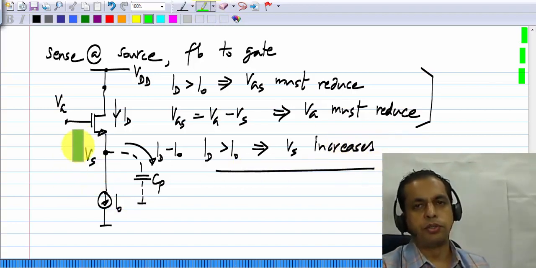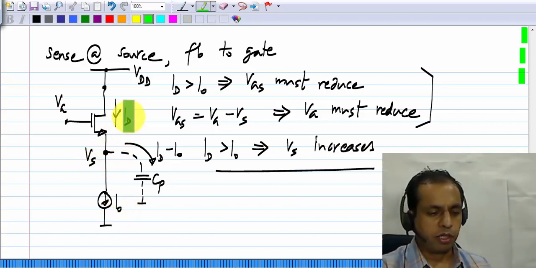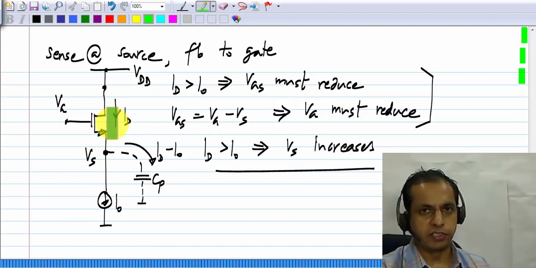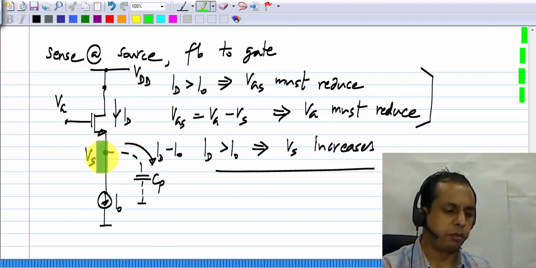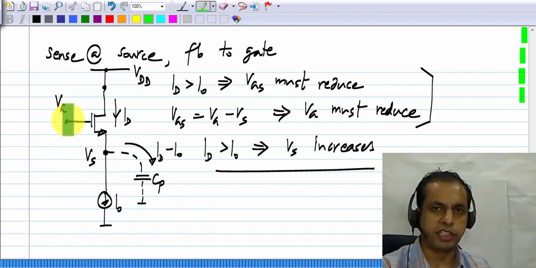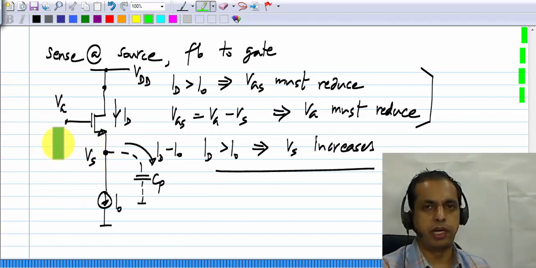So, what is happening to the source voltage is a measure of whether ID is greater than I0 or less than I0. If ID is greater than I0, Vs increases and we want to reduce Vg. So, that means that like in the previous case, there must be a negative incremental gain between Vs and Vg. That is, if Vs increases, Vg must reduce and vice versa.